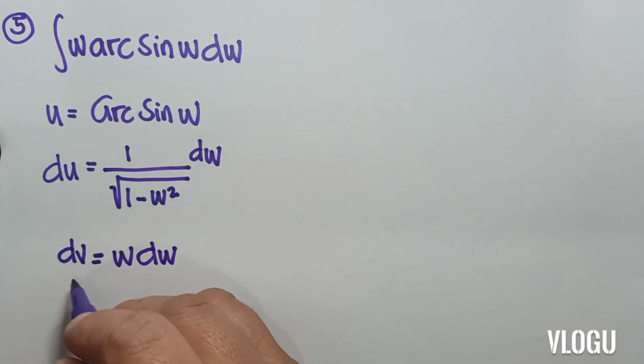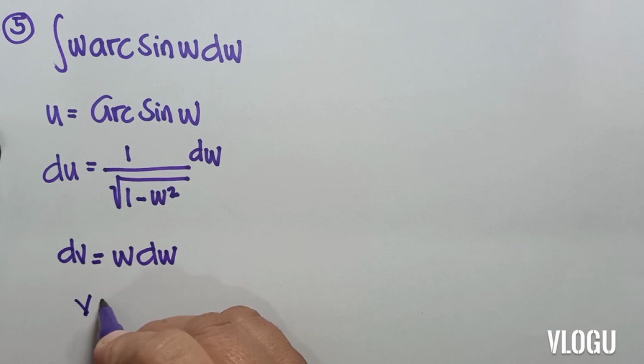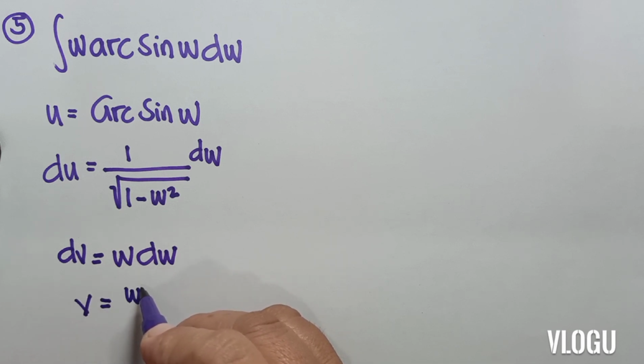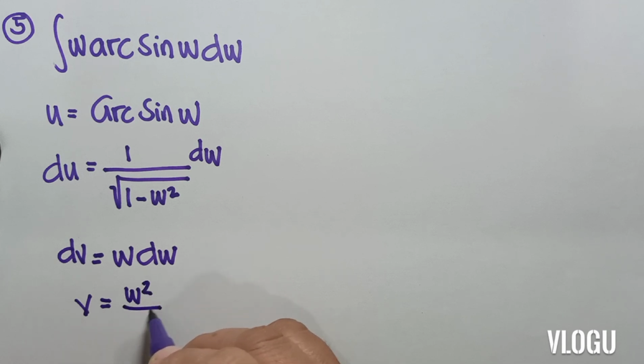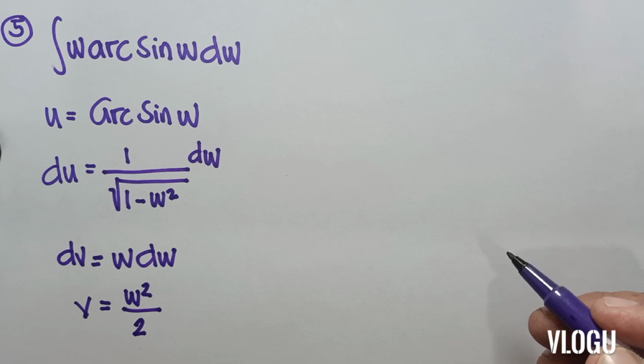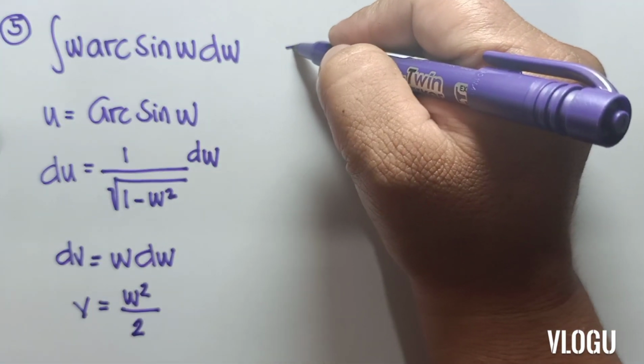The integral of dv is v. The integral of w is w square over 2. Okay. So, let's go to our formula.